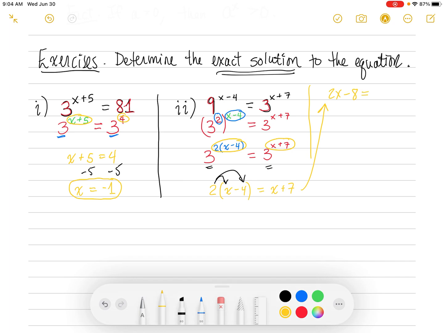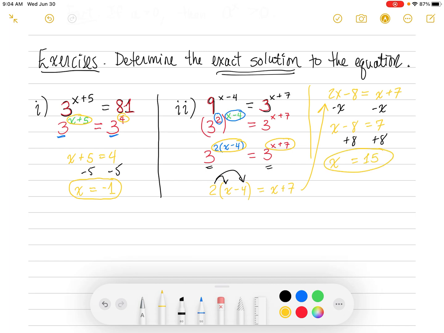So if I wanted to solve this equation, I would, first of all, distribute on the left side. I'd distribute by 2. 2 times x is 2x. 2 times negative 4 is negative 8. And on the right side, I keep x plus 7. I get all the x's on one side.